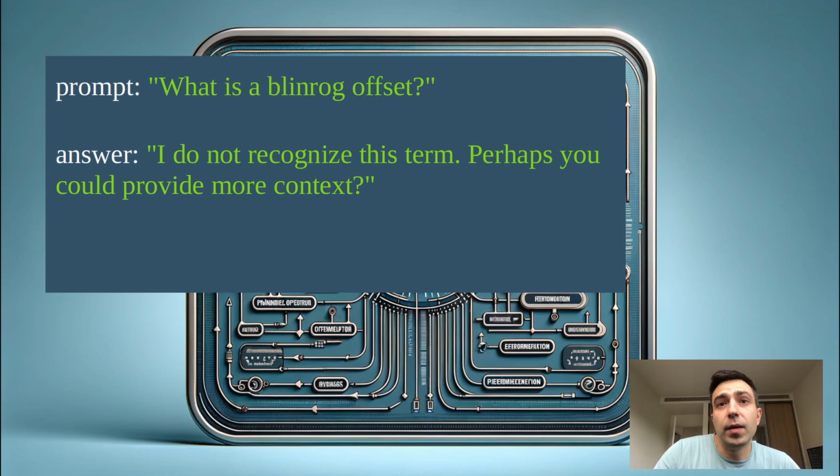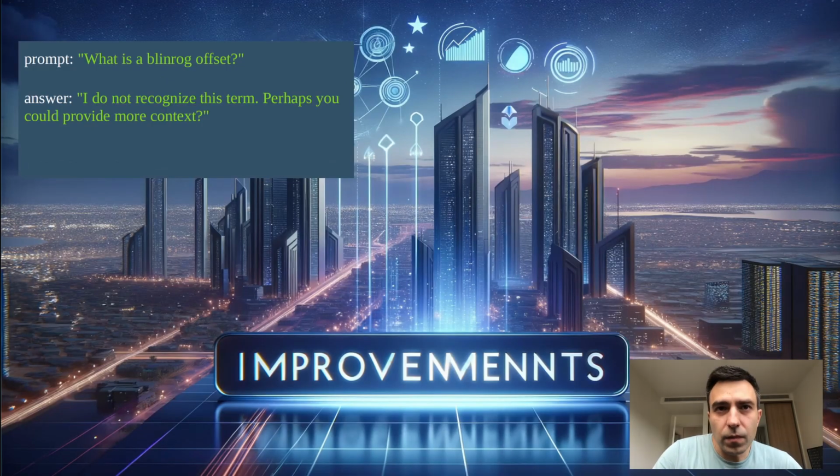So let's have a look at possible improvements. The word Blinrog was specifically selected so that it isn't very similar to other existing words in the English dictionary. It's also important that this word really doesn't exist. So when you are creating these questions, it's a good idea to use Google just in case, so you don't confuse the model with something it might actually know about, or an obscure word.